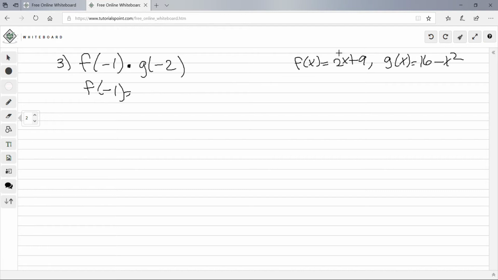This is the function of f of x, so wherever you see an x, you plug in -1. So it's 2 times -1 plus 9. So 2 times -1 is -2 plus 9 is positive 7. Let's do g of -2.